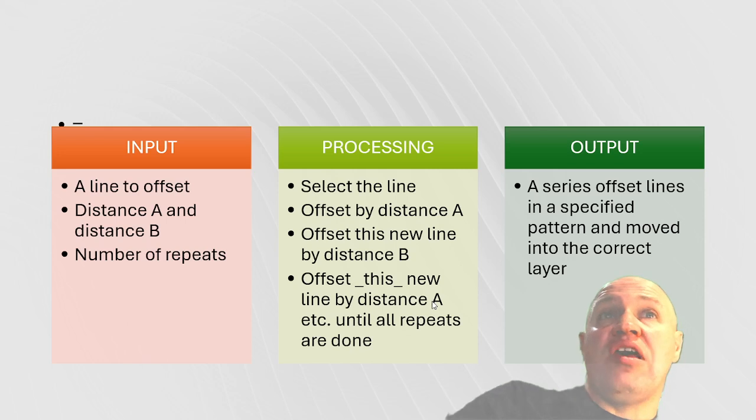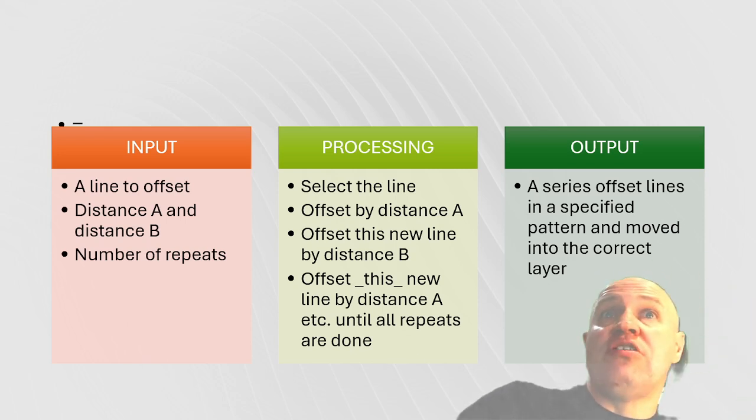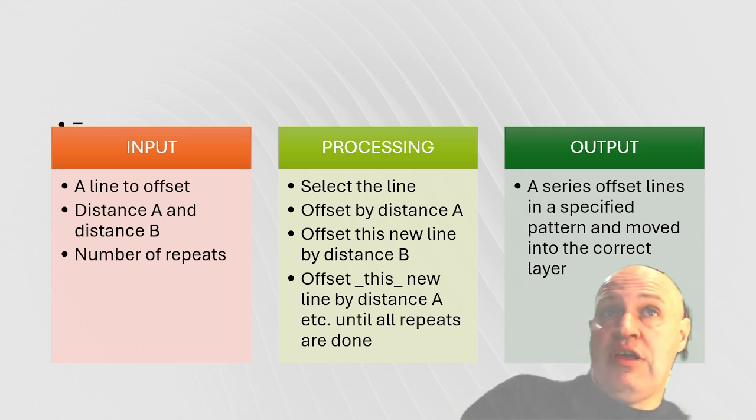The other thing I want to say is that the demonstration today is in AutoCAD, but obviously there's nothing about this description of the work we're doing that's specific to Revit or AutoCAD or SketchUp or Grasshopper.